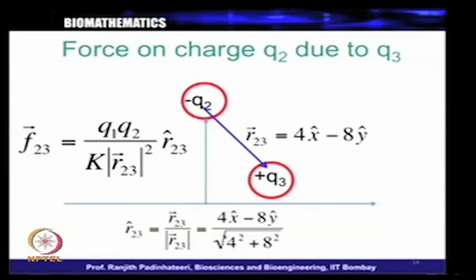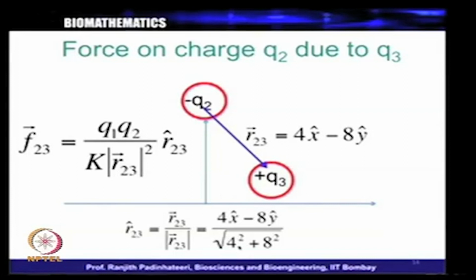And mod R23 is root of 4 square plus 8 square. This is the mod of R23, because even if you have minus 8, minus 8 square is like plus 8 square only. So, 4 square is 16, 8 square is 64, 64 plus 16 is 80. So, the denominator is square root of 80.